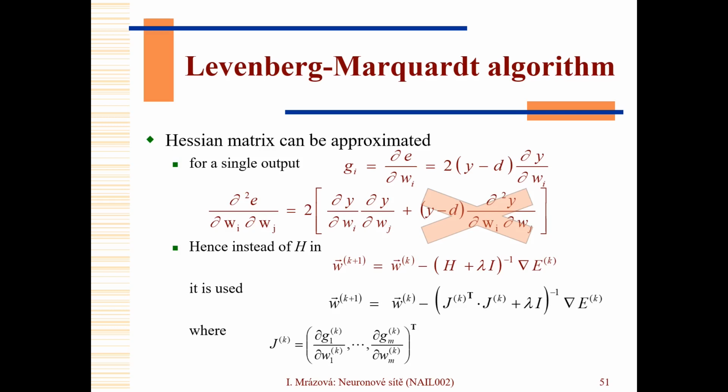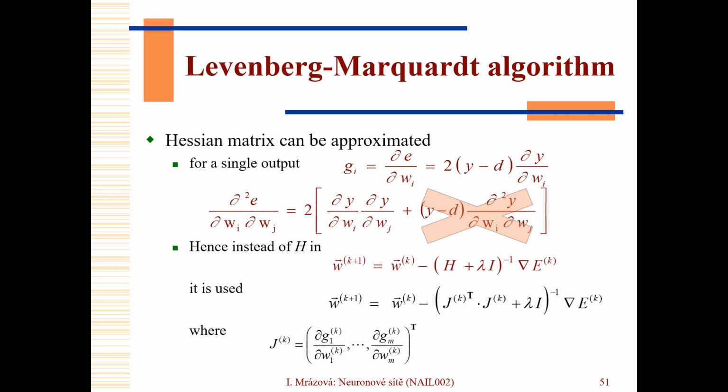And the second term would correspond to the difference between y and d, times the second order derivative of the actual output with respect to the weight Wi and to the weight Wj.